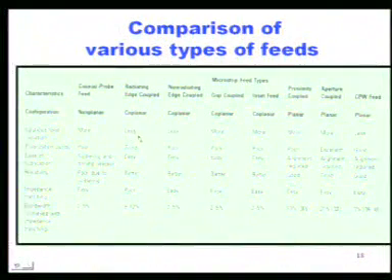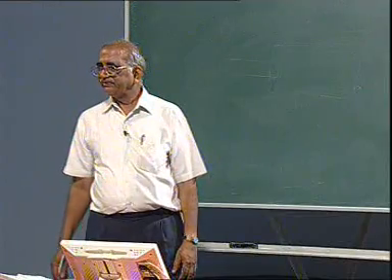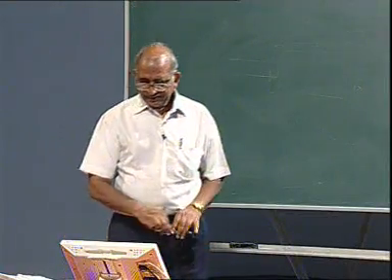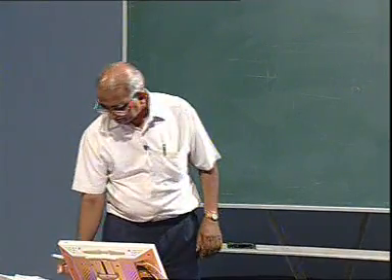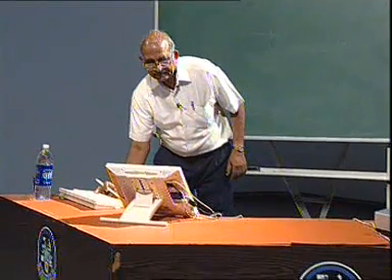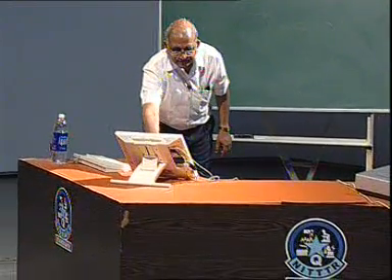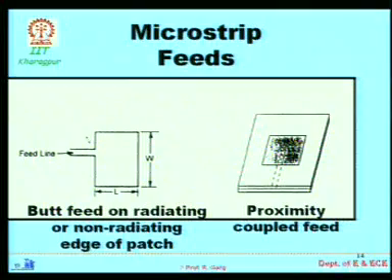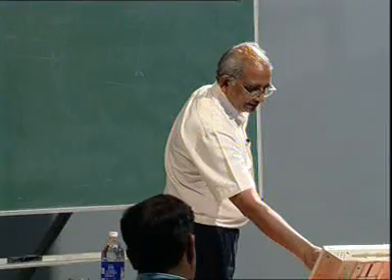Spurious feed radiation is less if you are just talking about the feed part of it, because there is only one junction, and it is this junction which gives rise to some spurious radiation, not otherwise. So, spurious radiation is less here.